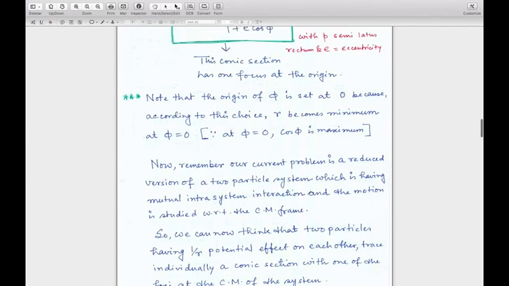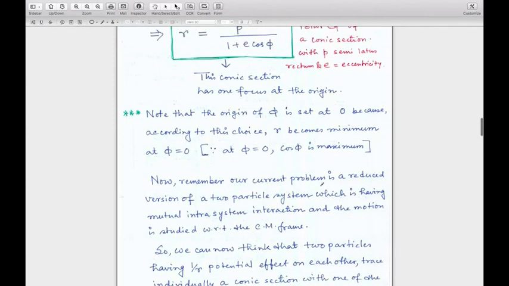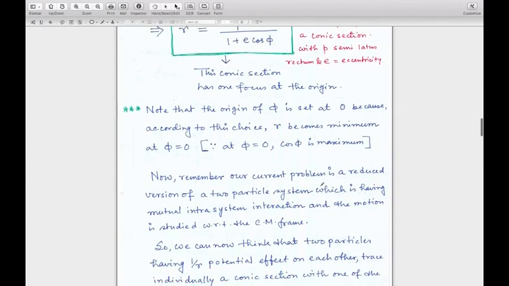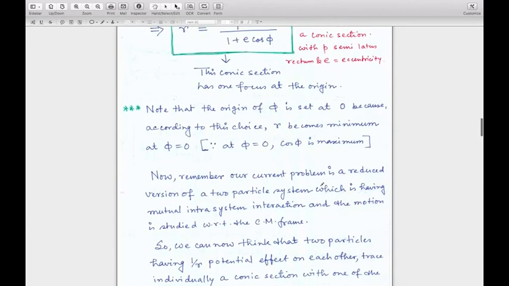Finally, we don't have to forget that although we are doing everything in a very simple form, with only one representative particle, in fact an effective one-dimensional problem, the problem is nothing but a reduced version of a two-particle system where the two particles are interacting. And the total motion is studied in the CM frame, right? So the position vectors or whatever we are measuring here will be the coordinates in the CM frame.